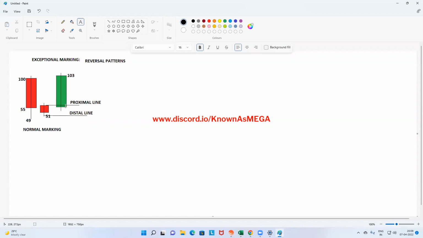All three components we can consider, and we will go for the wick which is lowest in all three components, whichever candle, whether base or leg in or leg out, has the lowest wick, we will consider that. Are you understanding why? Because if I keep the distal line here, possibly we can get stop loss. Correct? Because pending orders are here.